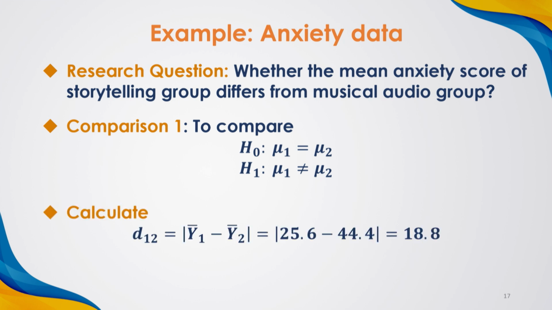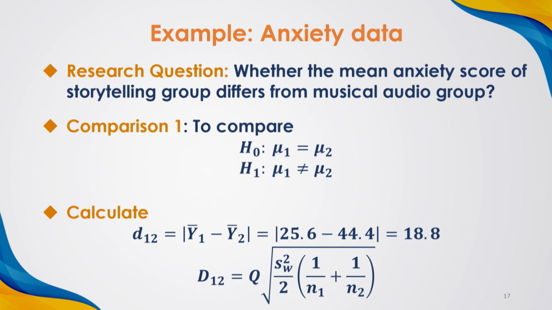For testing this hypothesis, we are going to calculate the sample mean difference of these 2 groups. 25.6 is the mean of the first group, 44.4 is the mean of the second group. When we take the difference, we end up with 18.8.